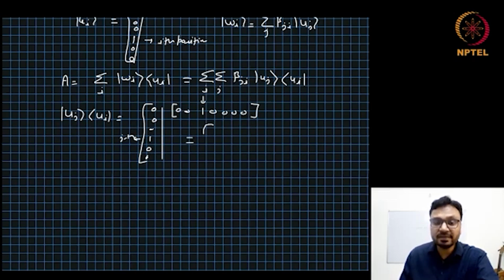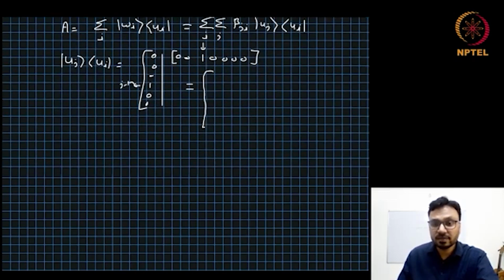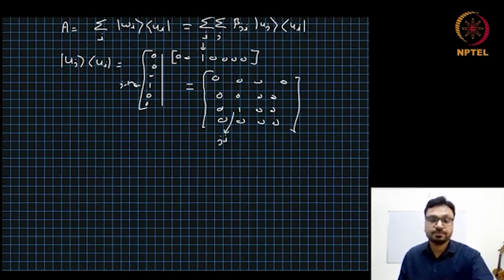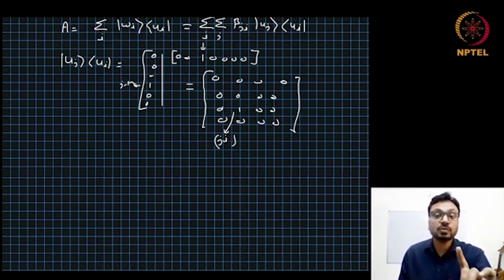So this will give us a matrix of all zeros, and this 1 is at the ji position. So |uj⟩⟨ui| is a matrix with just one 1 and all other zeros, and that 1 is at the ji location.